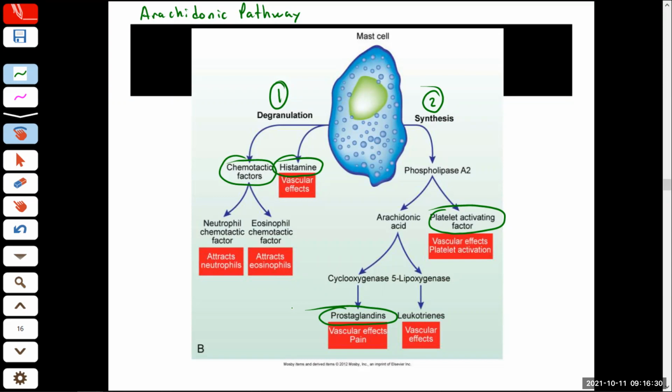So if a mast cell degranulates, what response is that triggering? Degranulation is the trigger to start inflammation. Why would a mast cell want to synthesize additional histamine?